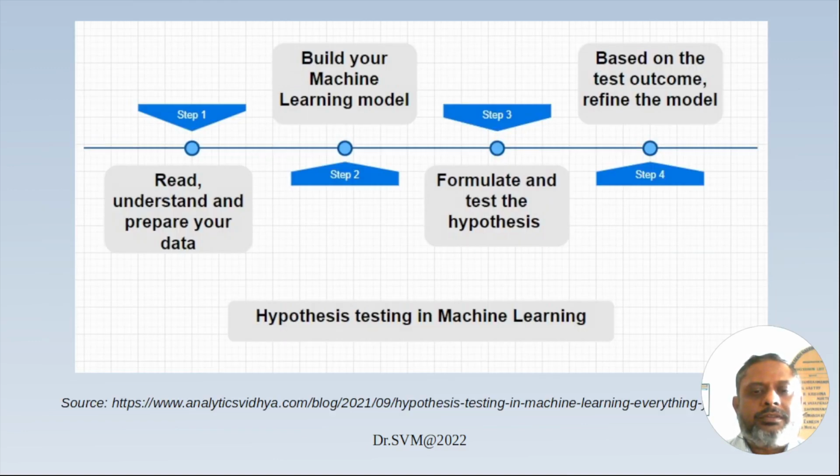So, hypothesis testing in data analytics or machine learning. In the first step, we read the data, understand and prepare the data. The second step, we build the machine learning model and then formulate and test the hypothesis, and based on the test outcome we refine the model.